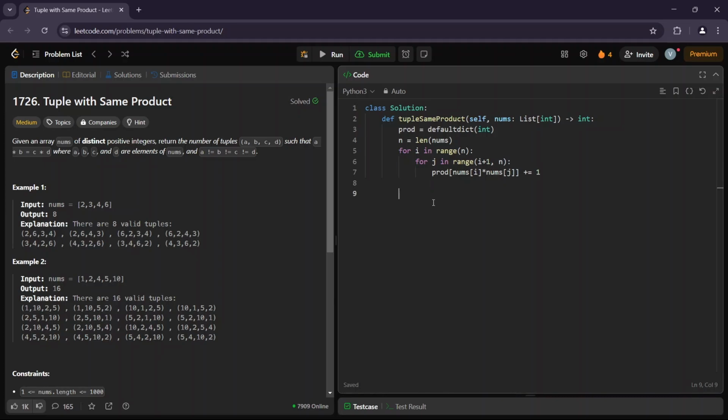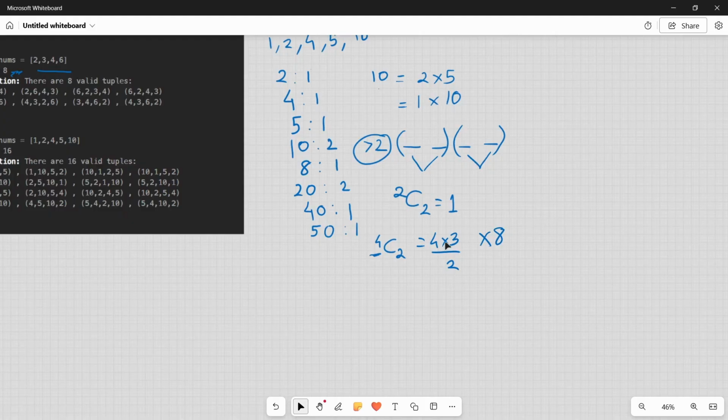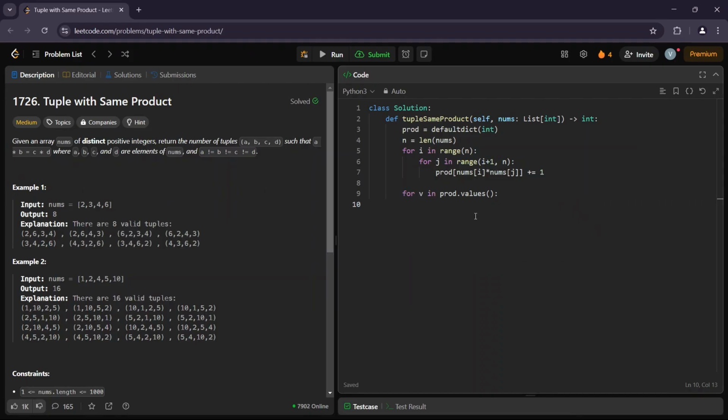Once we are done, we'll loop through the products, so for v in product dot values. We have to find the combinations possible, so we will look through the values and find the different combinations. To store the final result, let's take a variable called result, and we'll keep adding the values.